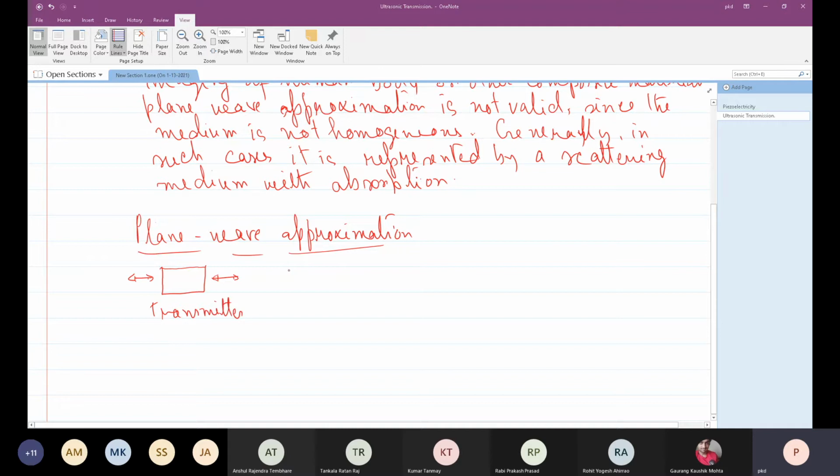So either this, or it could be in the cross axis as well. So in both cases, this will give plane wave if there is pure modes.